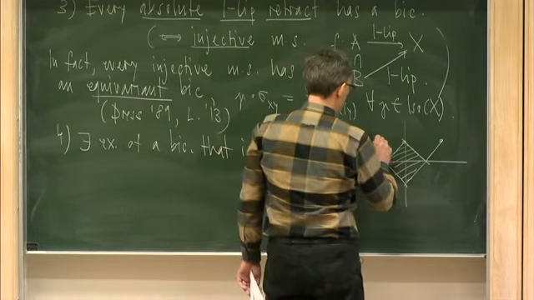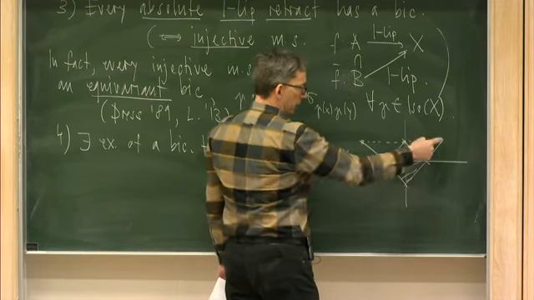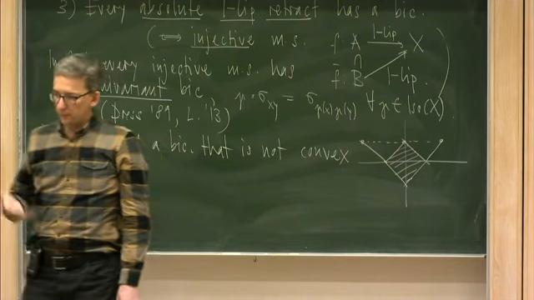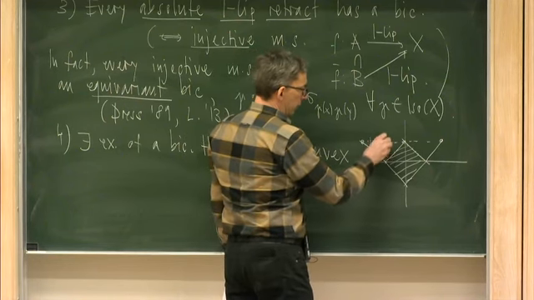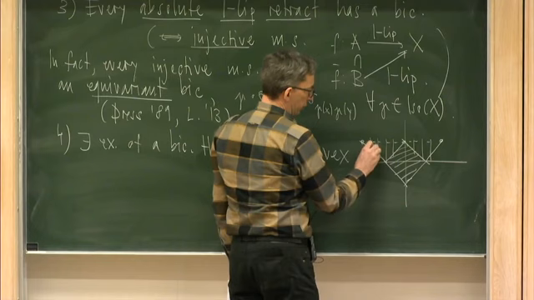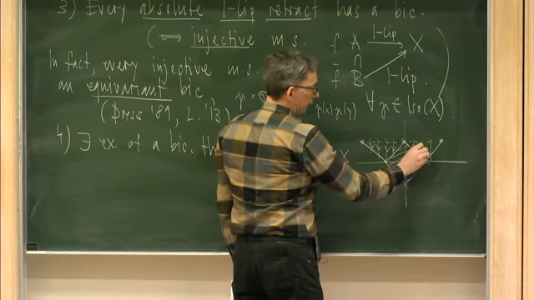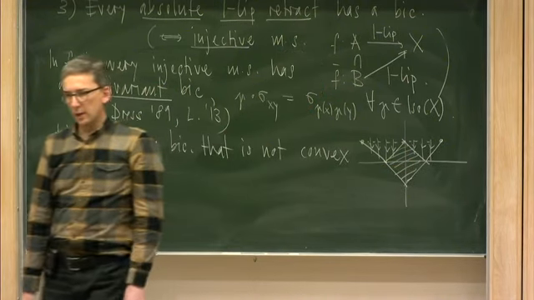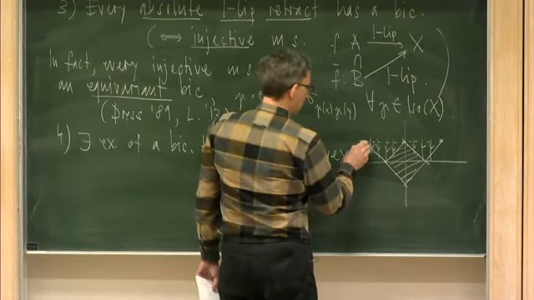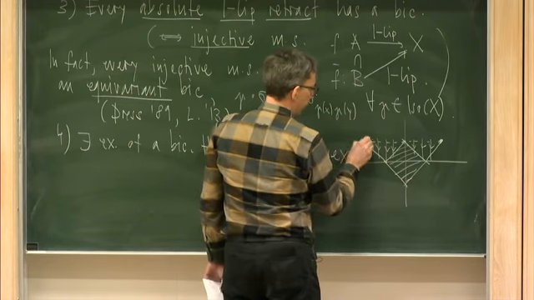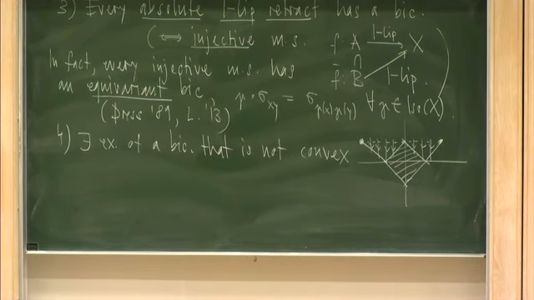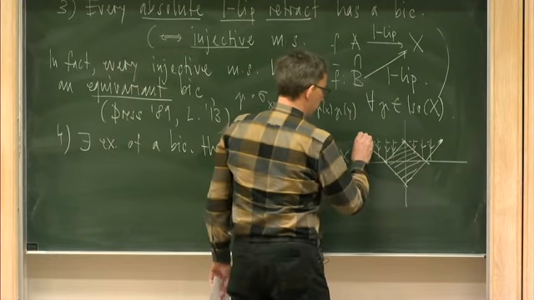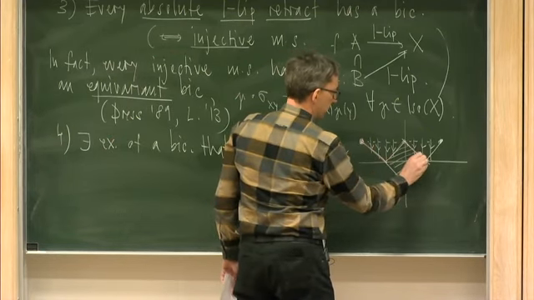Now look at this triangle here. That's a convex subset of R2 with the L infinity norm. And with respect to the sup norm, this vertical retraction here is 1 Lipschitz. Now if you take the linear geodesic from here to here, after the retraction, the geodesic will look like this, right?